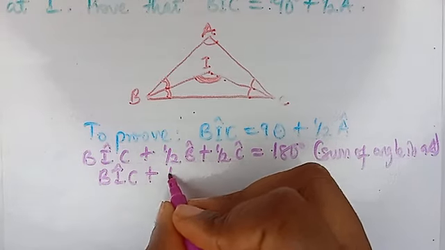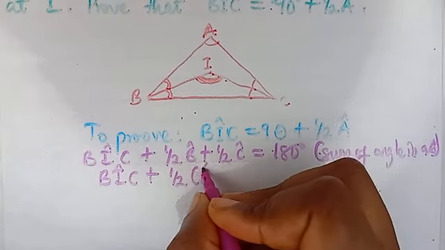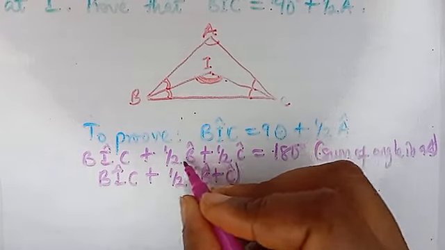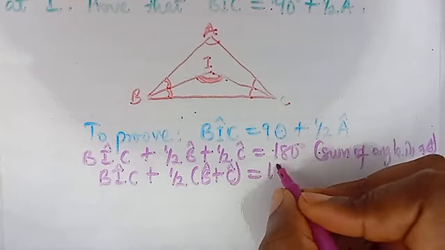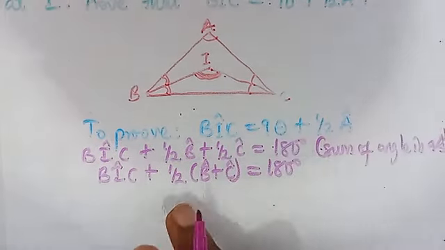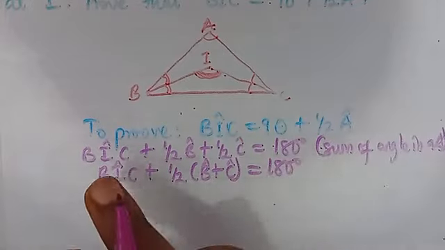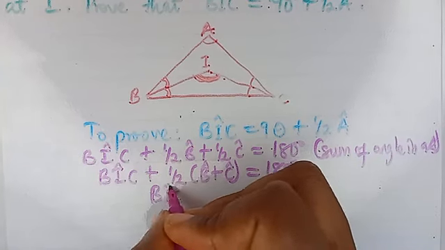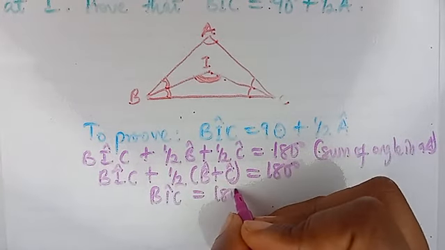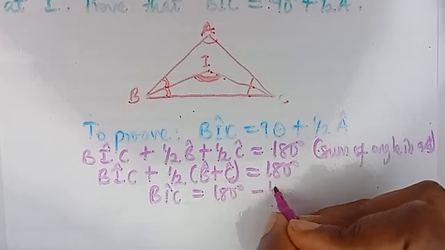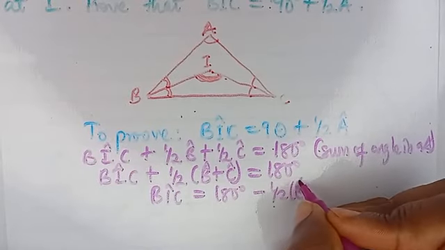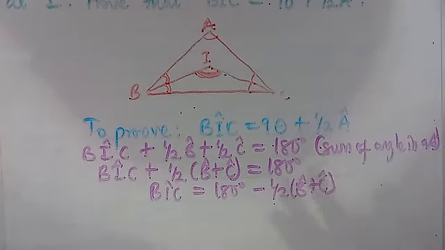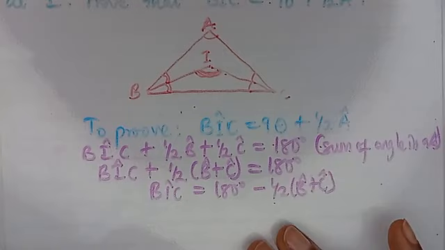This half can be brought together, so half of angle B plus angle C, they could be factored in, equal to 180 degrees. So we send this over to this side so that BIC could be the subject of the equation. Angle BIC is equal to 180 degrees minus half of angle B plus angle C. Beautiful. So let's keep this aside.